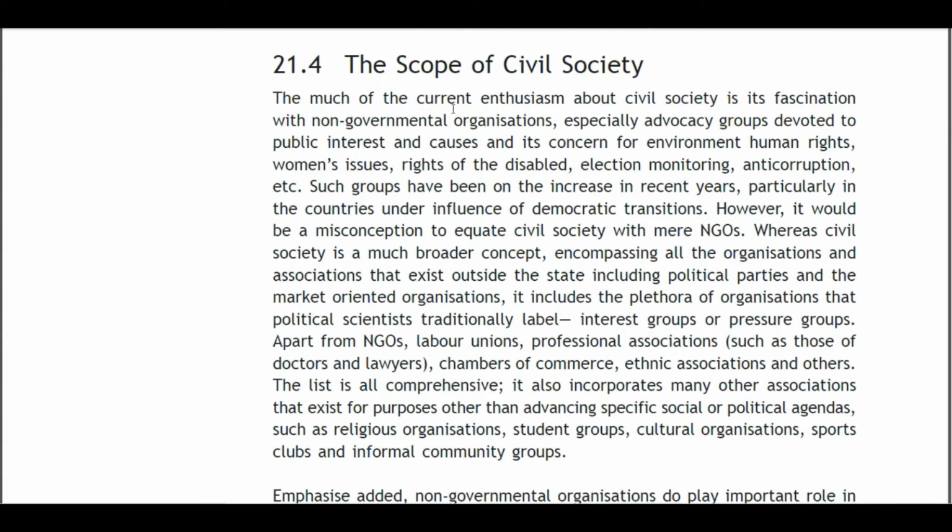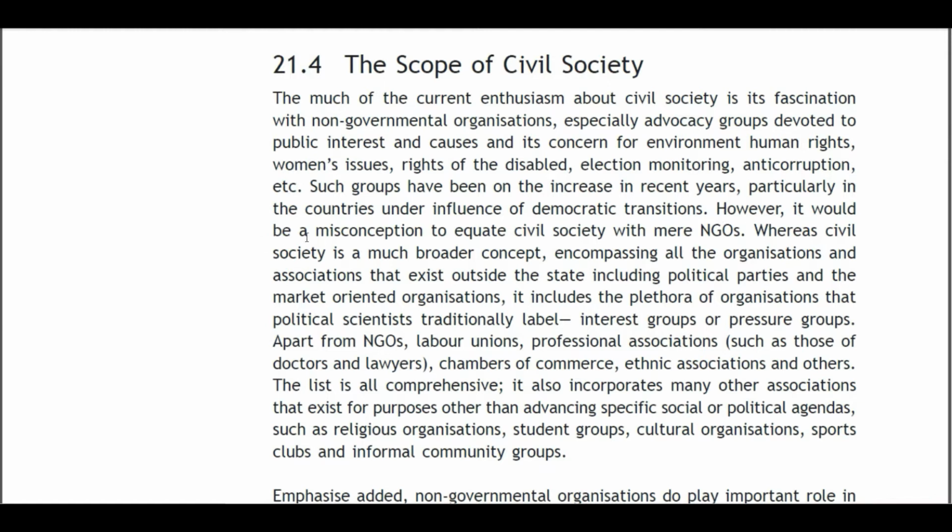Much of the current enthusiasm about civil society is its fascination with non-governmental organizations, especially advocacy groups devoted to public interest and causes, and its concern for environment, human rights, women's issues, rights of the disabled, election monitoring, anti-corruption, etc. Such groups have been on the increase in recent years, particularly in the countries under the influence of democratic transitions.